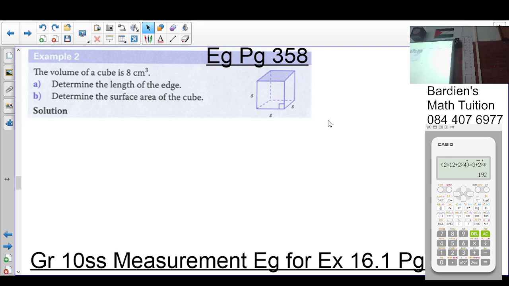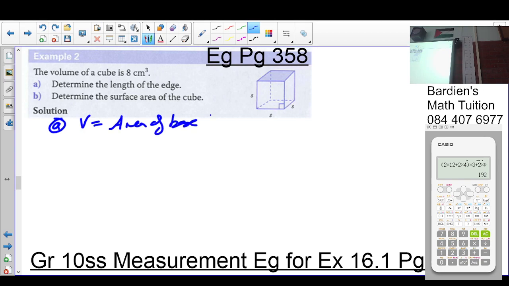Alright, you guys understand? So how do you calculate the volume of a right prism? Volume is going to be area of base times height. How do you calculate the area of a square?